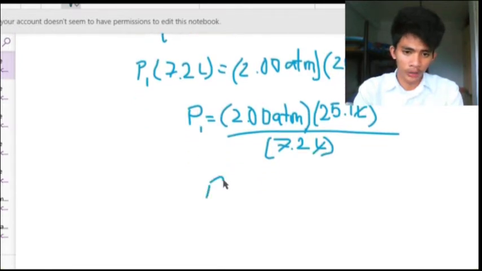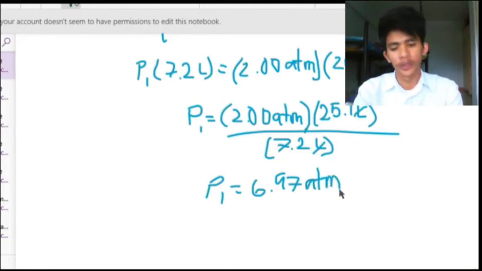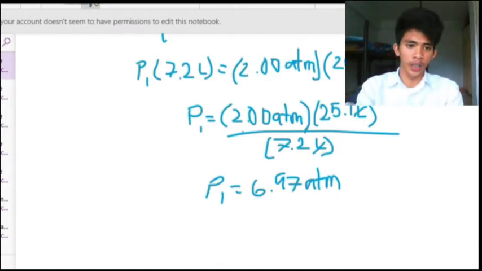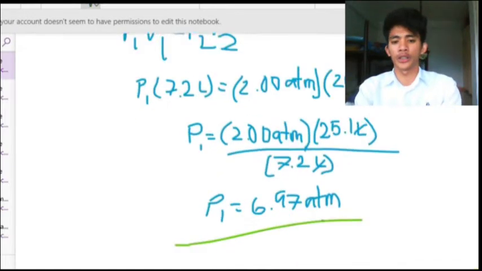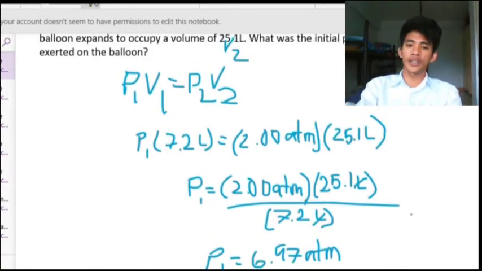So P1, our initial pressure, is equals to 6.97. What is the unit left? ATM. So this is our initial pressure, 6.97 ATM. That's how easy, guys. So you try also. Thank you for listening.